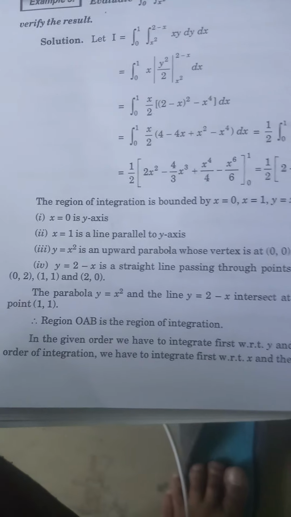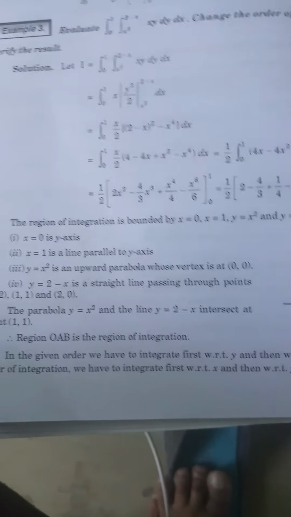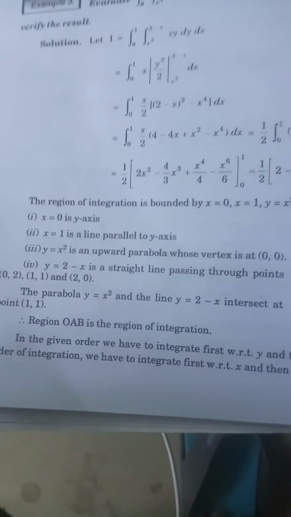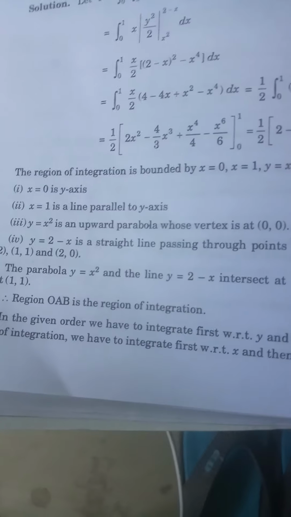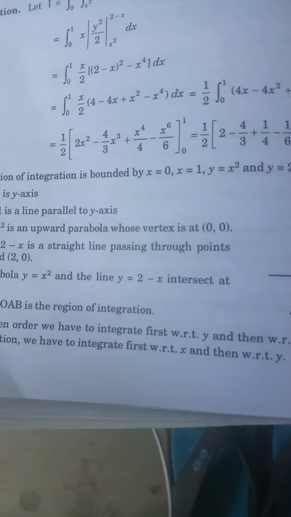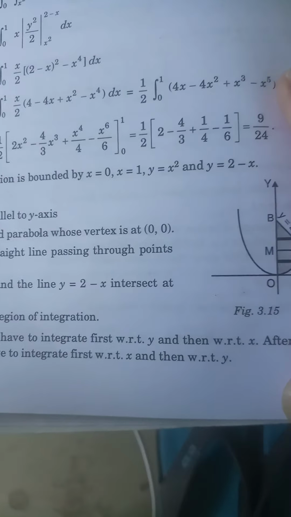After change of order of integration, पहले तो हमने y के रिस्पेक्ट में किया, फिर विद रिस्पेक्ट x, अब हम चेंज करेंगे, we have to integrate first with respect to x and then with respect to y.